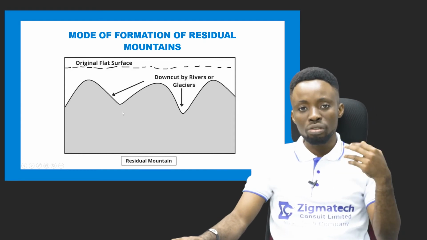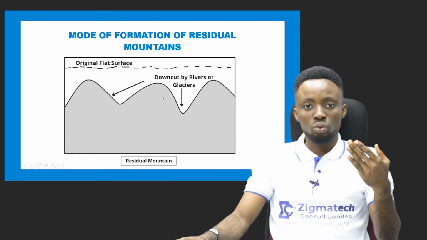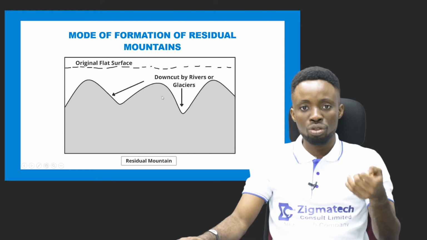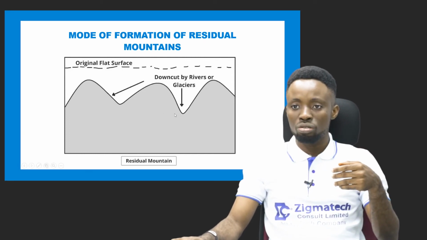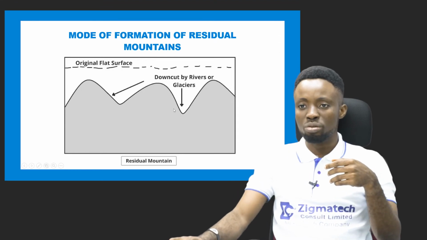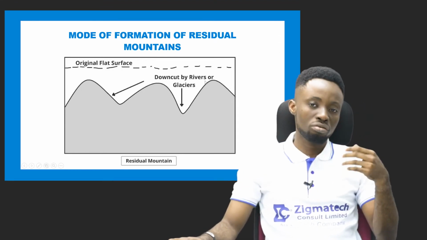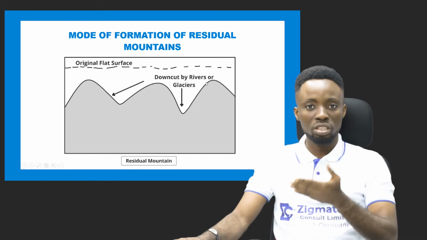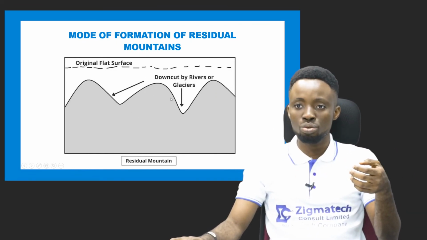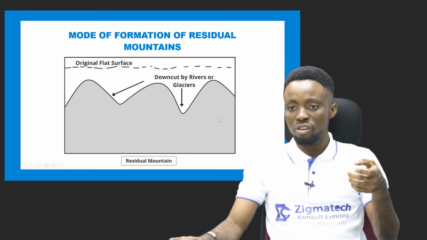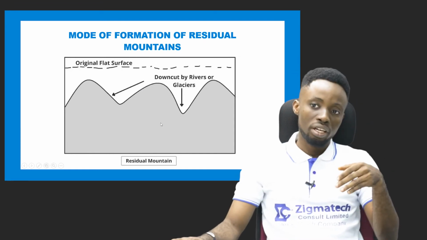Apart from the action of water, we also have the action of wind and the action of ice, giving rise to the formation of a residual mountain. So the downcutting of this river or this glacier or wind is what will definitely lead towards a mountain of residue, as we have here in this diagram.